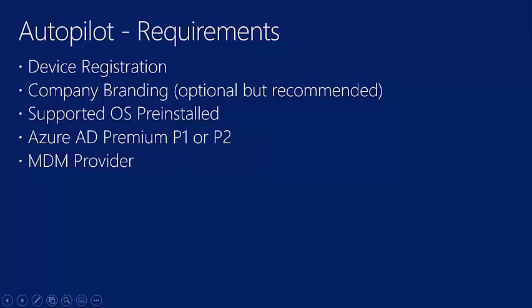Actually, I'm confusing these. Sorry, ignore that. But yes, you want to have the most recent version of Windows 10 you can to keep up with things and capabilities. The supported operating systems include Professional, Enterprise, and Education, and all of that must be pre-installed.